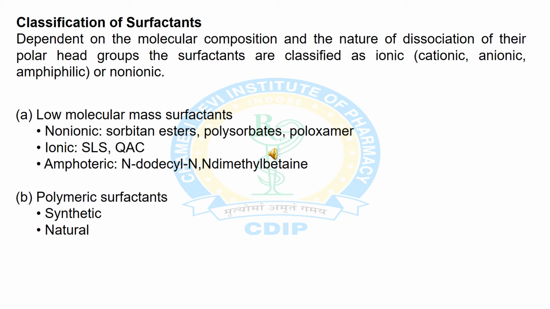The non-ionic surfactants are sorbitan esters, polysorbates or poloxamers. Ionic surfactants include SLS and QAC, where SLS is sodium lauryl sulfate and QAC means quaternary ammonium compounds. Third are amphoteric compounds like N-dodecyl-N,N-dimethylbetaine. The next classification is polymeric surfactants, which can be synthetic as well as natural.